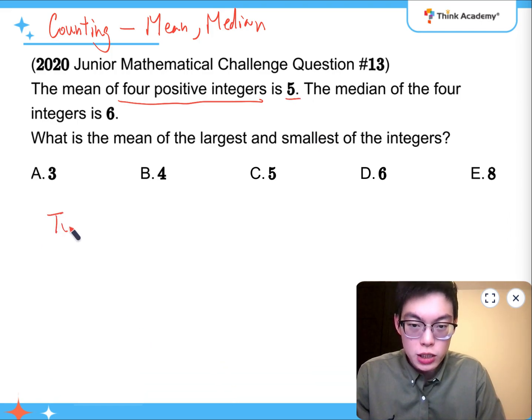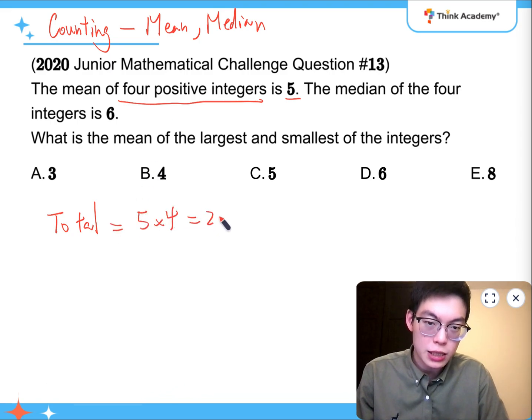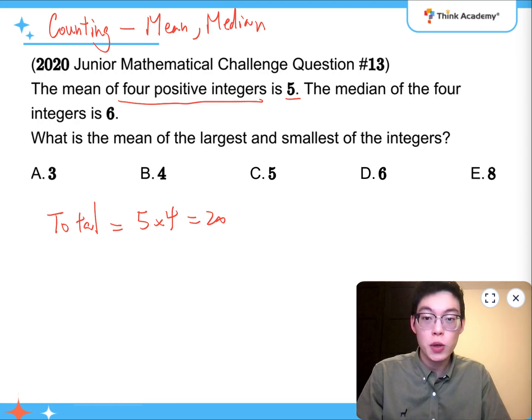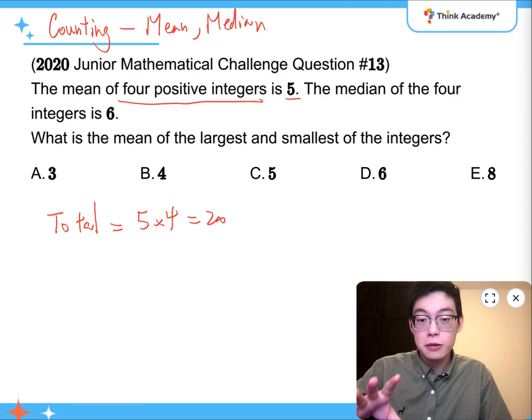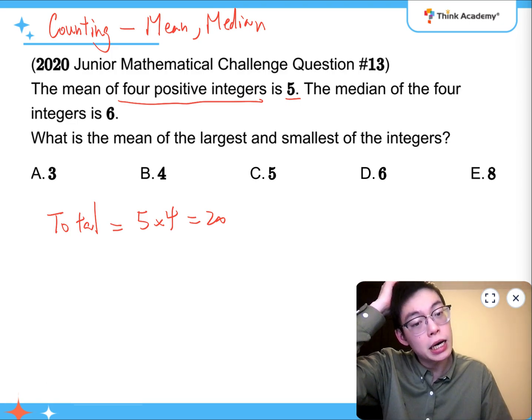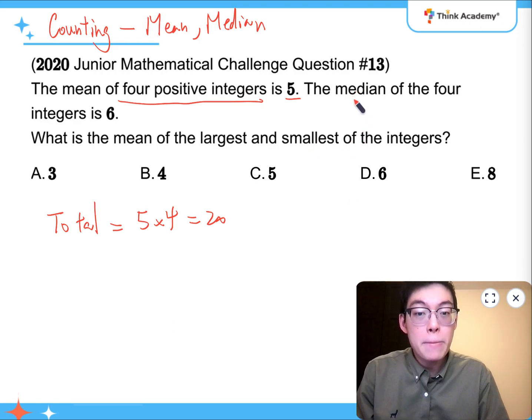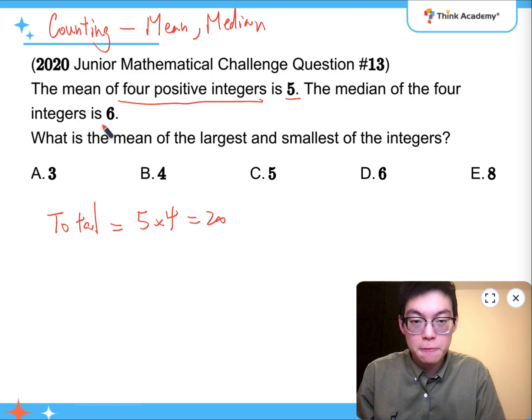So in other words, the total of the 4 numbers is equal to 5 times 4, which is 20. Because the total divided by the number of numbers is the mean. So you can rearrange that to know that total is the mean times the number of numbers. And the median is 6.